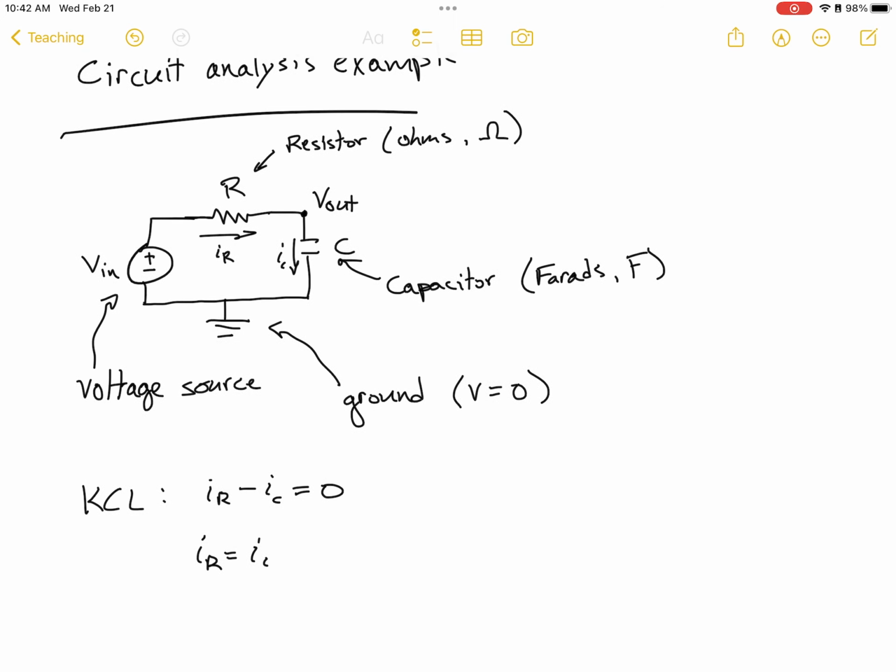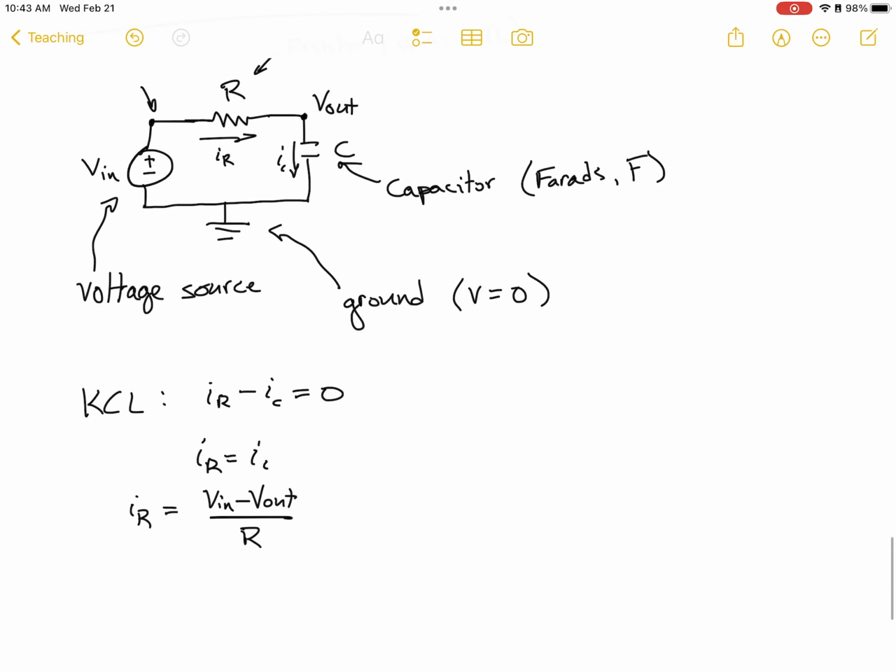So the IR, the current flowing through a resistor, is going to equal the voltage drop over the resistor. So V in is the voltage right here, and V out is the voltage on the other side. So it's going to be V in minus V out over the resistance. IC is going to be equal to the capacitance times the derivative of the change in voltage.